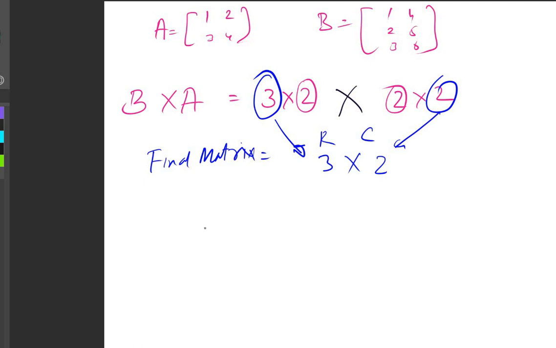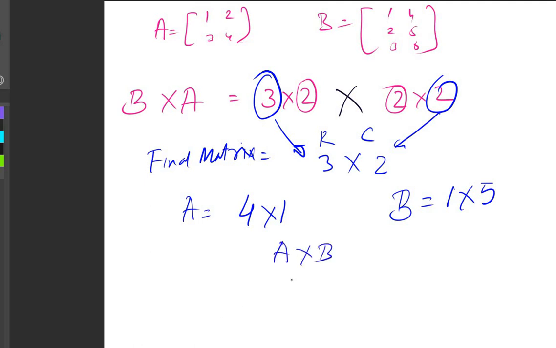Now, another example. Let's say I have a matrix A of the order 4 cross 1, and another matrix B of the order 1 cross 5. Let's multiply A with B. Can they be multiplied together? Yes, they can, because the columns of the left matrix equal the rows of the right matrix.